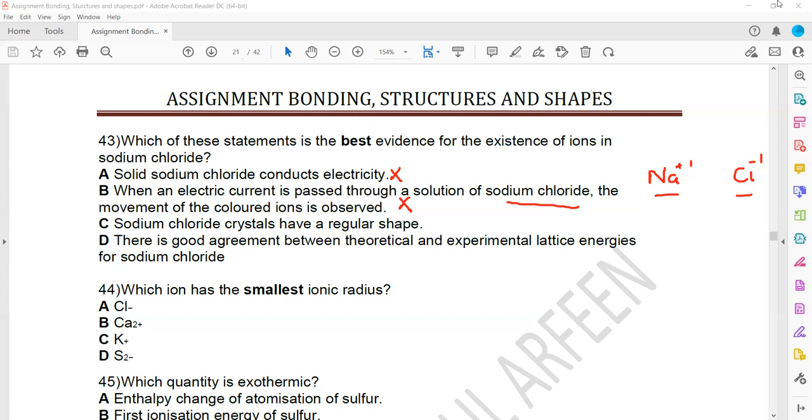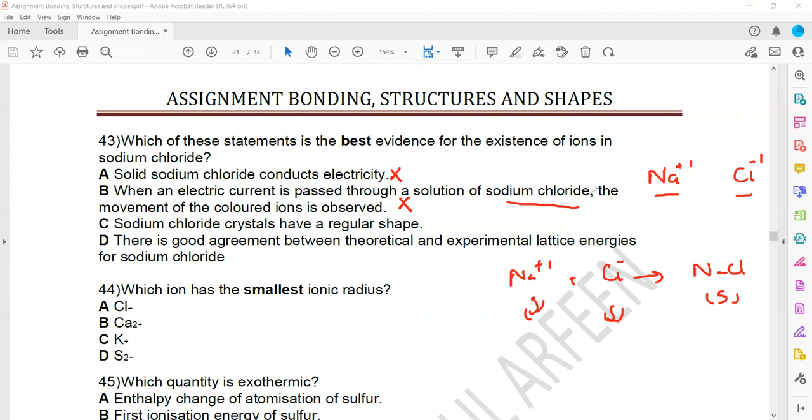Lattice energy we always calculate for ionic compounds. The term lattice energy means that when ions in a gaseous state form an ionic bond, or form a lattice of NaCl in a solid state, we call that lattice energy.